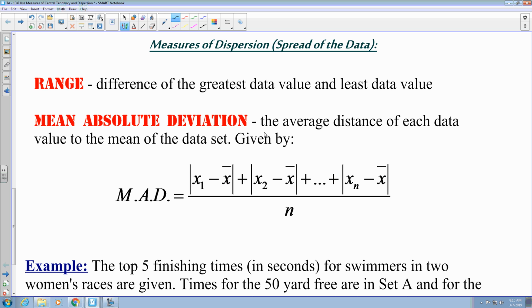It's given by this: the absolute value of the difference of the first value and the mean, which is always positive, and then it gets divided by n, the number of values in the data set. Like up above we had 10, so n would be 10 in that scenario.